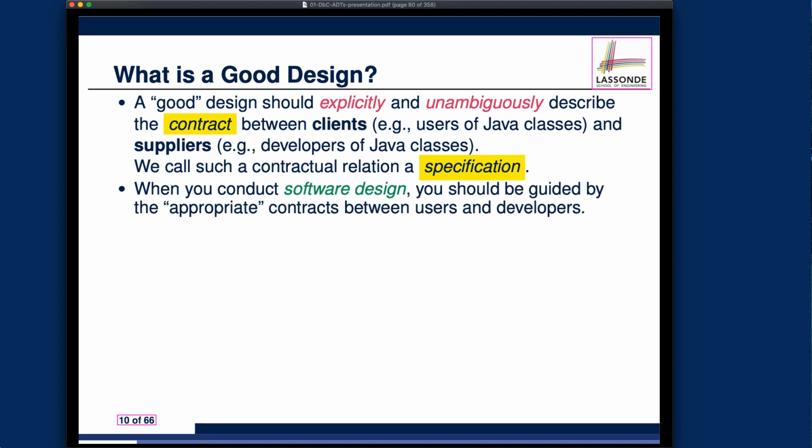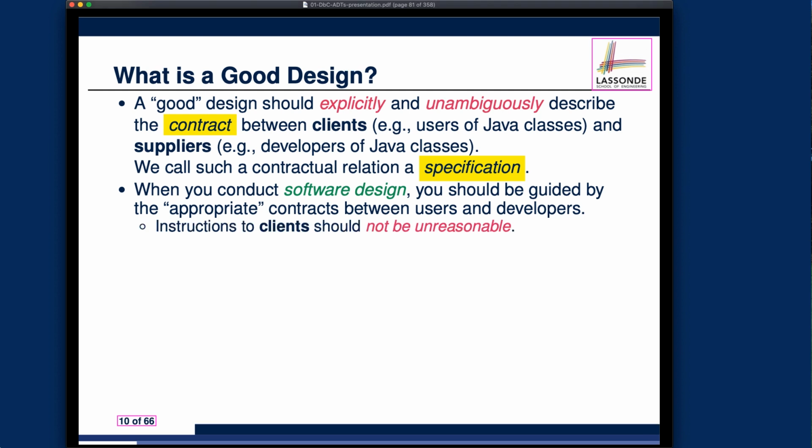When you conduct software design, you should be guided by appropriate contracts, by appropriate specification of what the client should satisfy and what the supplier should be satisfying. Again, we just talk about some principles over here. How can you use contracts to guide your development? Number one, the instructions for the client should not be unreasonable.